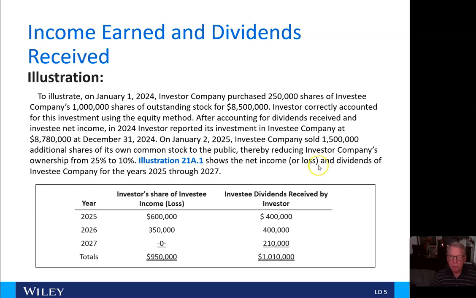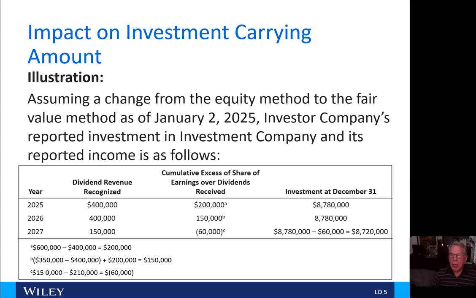As we move forward, assuming a change from the equity method to the fair value method as of January 2nd, 2025, investor company's reported investment in investee company and its reported income is as follows.